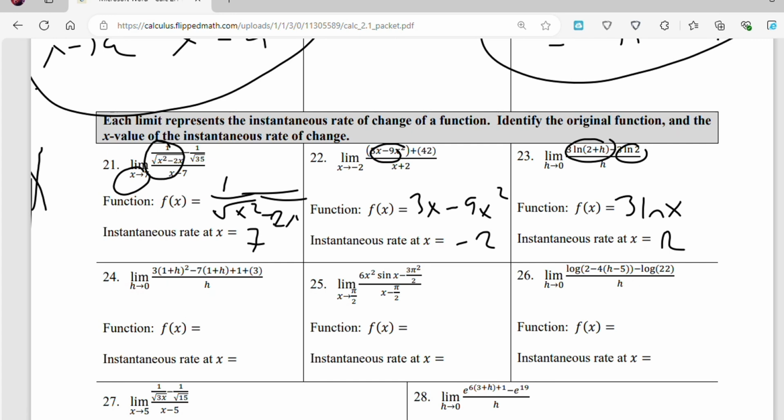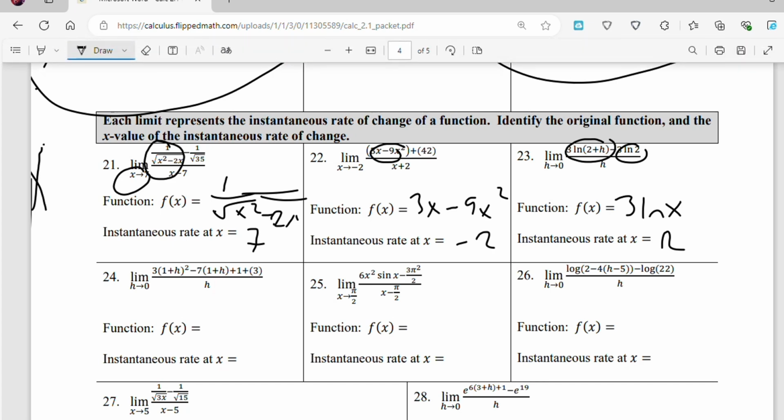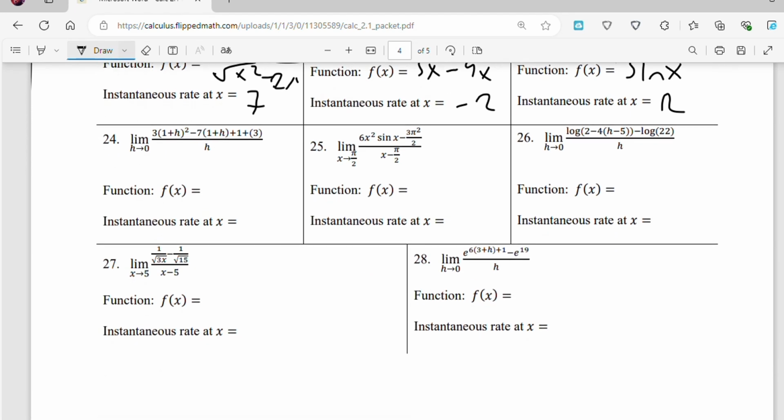We have 3 ln of the inside minus 3 ln 2. F of x plus h minus f of x. So hopefully, if you can see it, that makes sense. I think it'll be easy as well to understand number 24. What I like to think about is you have h plus something or h minus something. Think of that as your x.